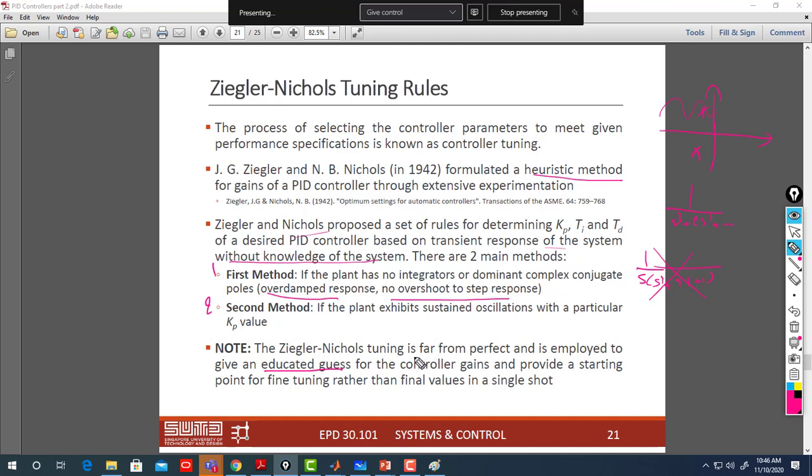It gives an educated guess for the controller gains Kp, Ki, and Kd, and provides a starting point for fine-tuning rather than final values in a single shot. Knowing that, next time we will see this important method.